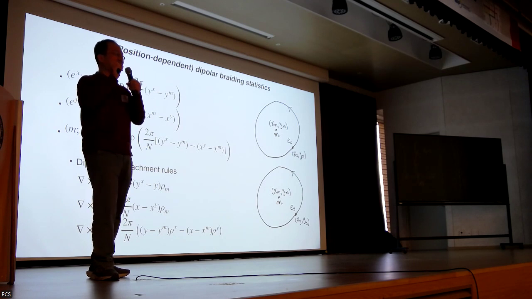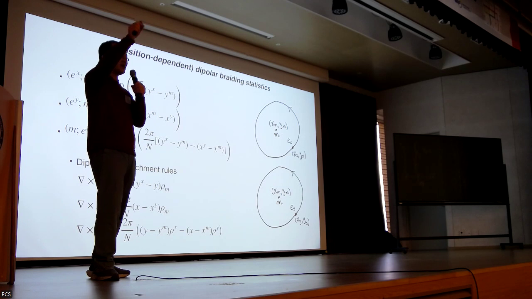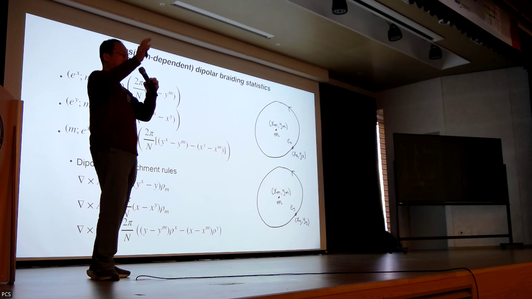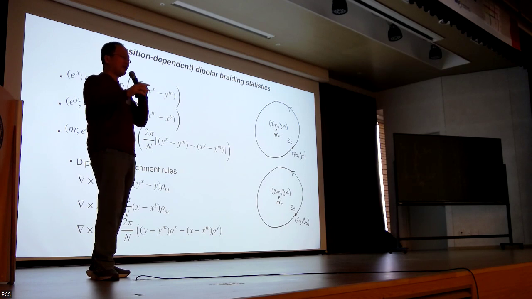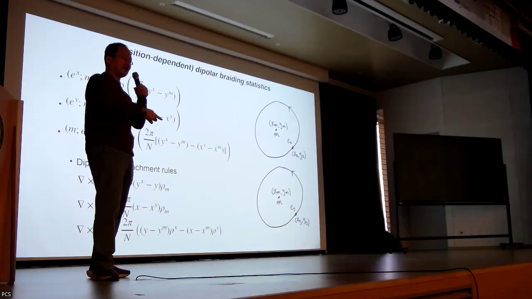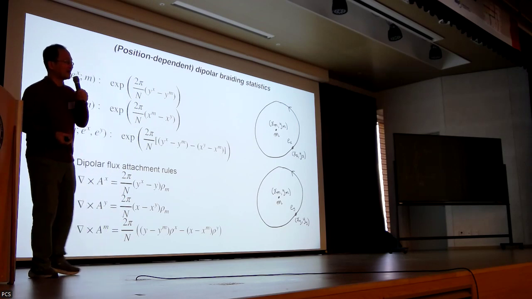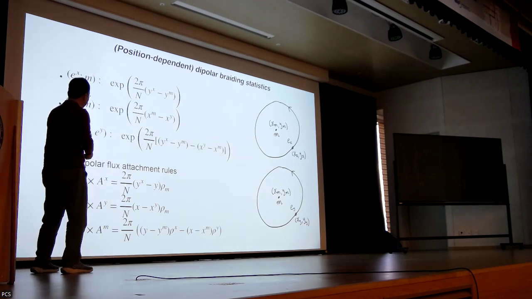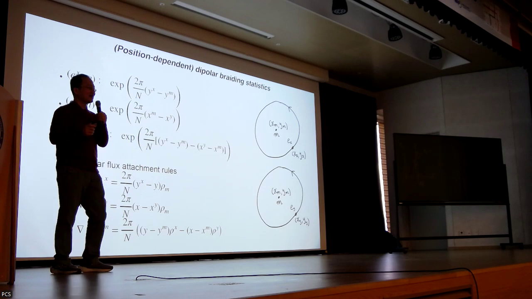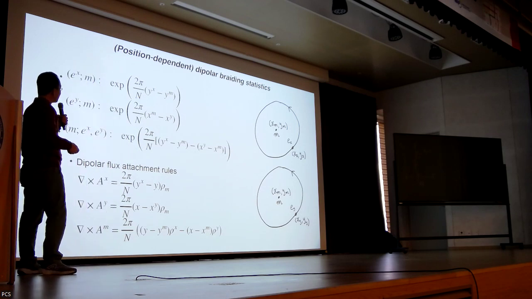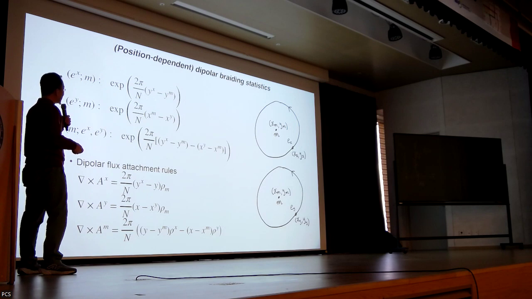The only thing that matters is whether the braiding path includes the other particle or not. It doesn't matter whether you deform the path, or within the same path, whether you start the braiding from up here or down there. In the ordinary braiding, that holds; however, in this dipolar anyonic braiding, it depends. The result depends on where you initiate the braiding process.